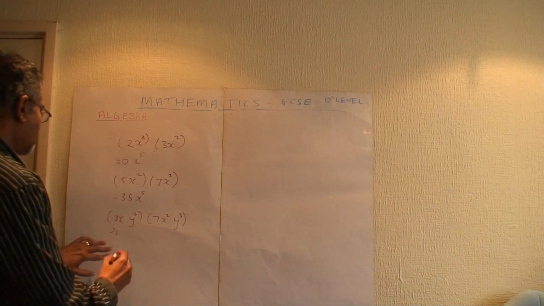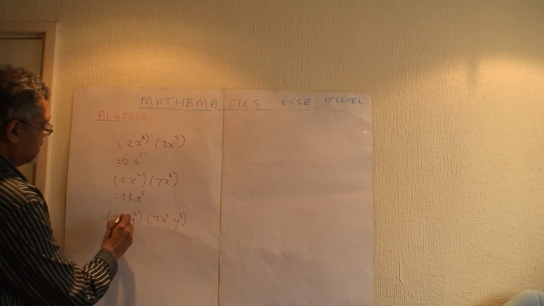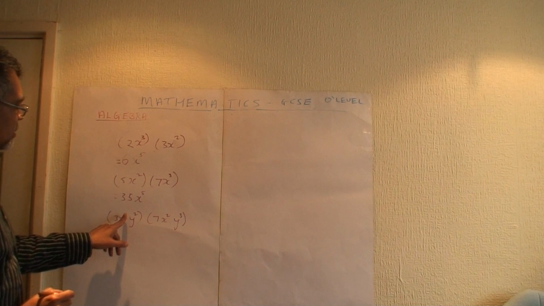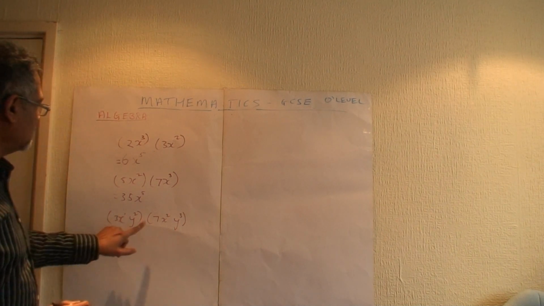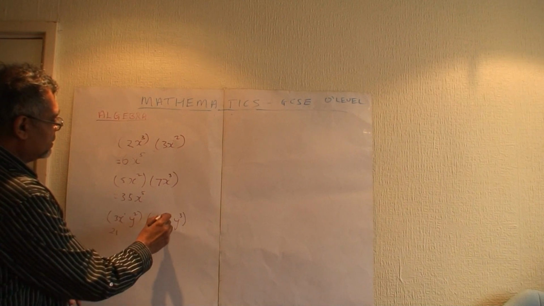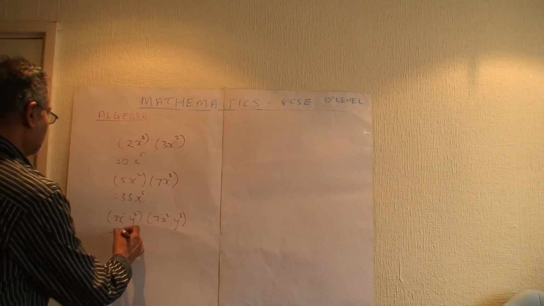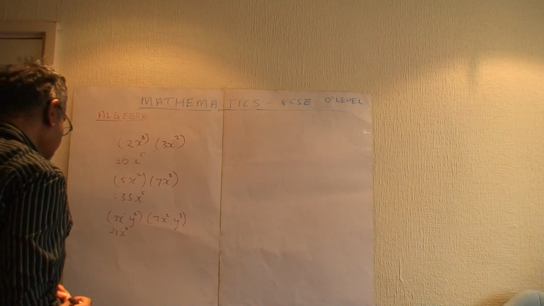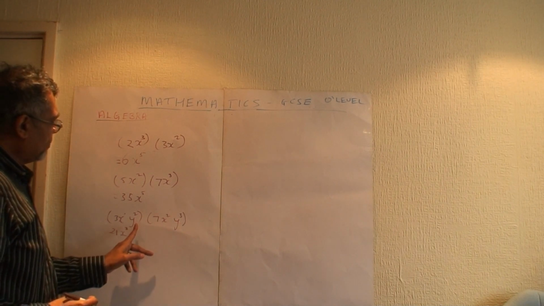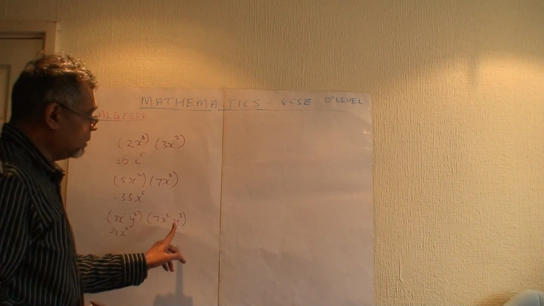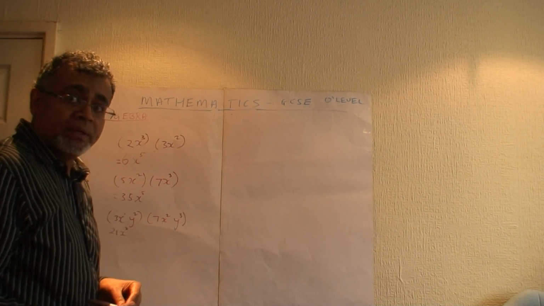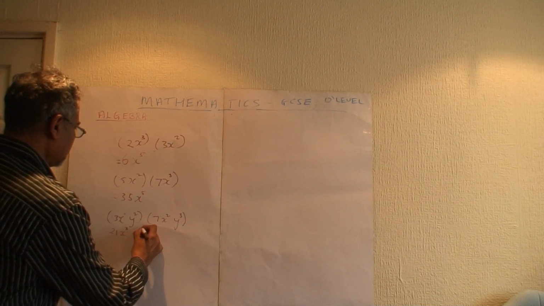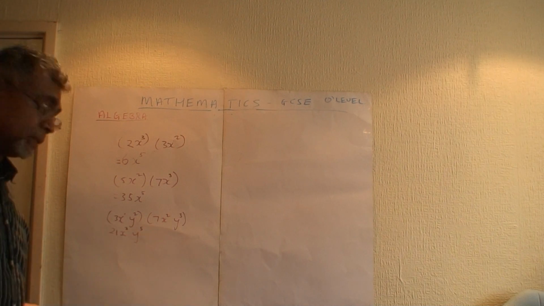Then you have an x here by itself, so its power is 1. So x multiplied by x squared is x cubed. Now we have the y. y squared multiplied by y cubed, you add the powers, so you have y to the 5th power.